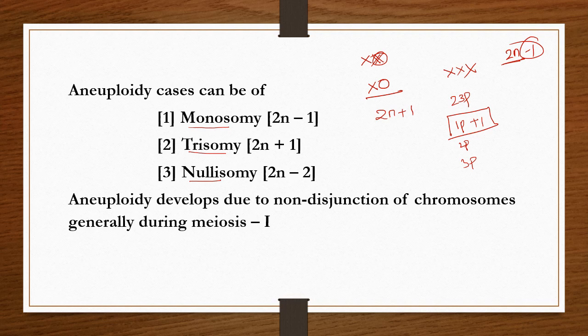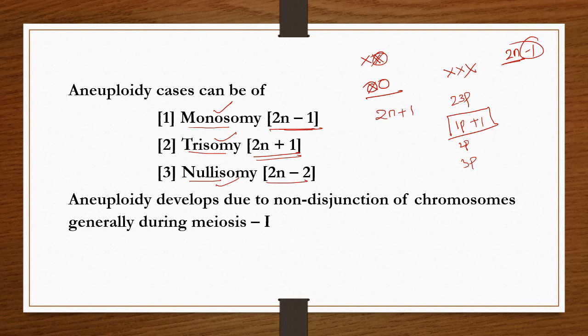Next, nullisomy means 2n minus 2, where both chromosomes are absent. Their mathematical representations: 2n minus 1 represents monosomy, 2n plus 1 represents trisomy, and 2n minus 2 represents nullisomy.